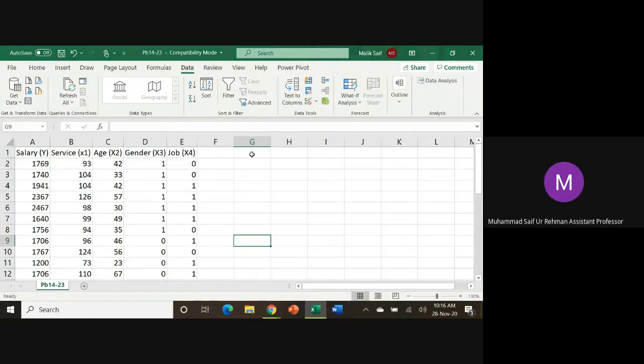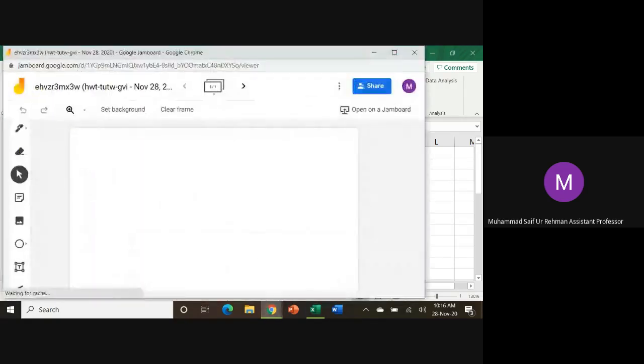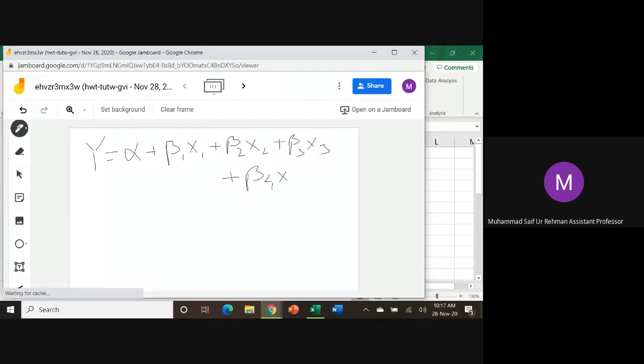So if I ask you to find out the estimators in this case, basically the equation would be like this: y equals alpha plus beta 1 x1 plus beta 2 x2 plus beta 3 x3 plus beta 4 x4 plus mu i, the error term.